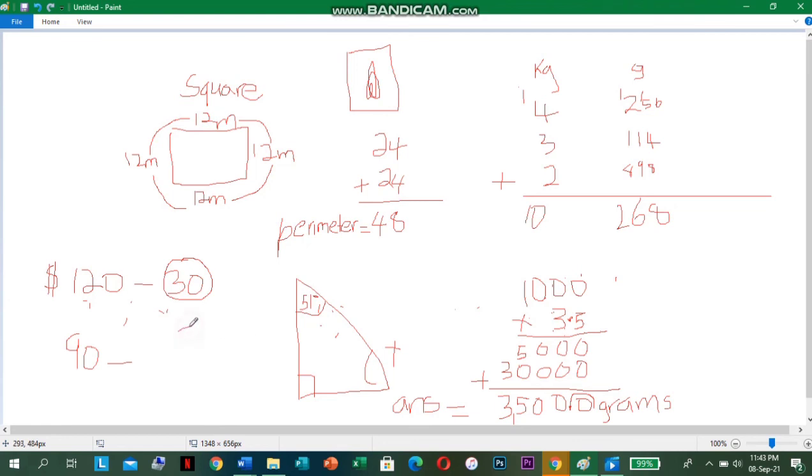So let us add 90 plus 51. Let me do it like this to understand it better. So 90 plus 51.